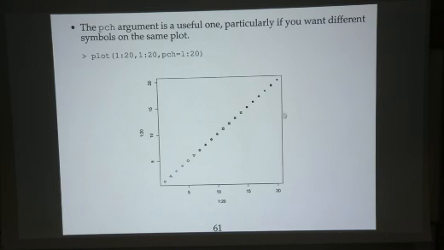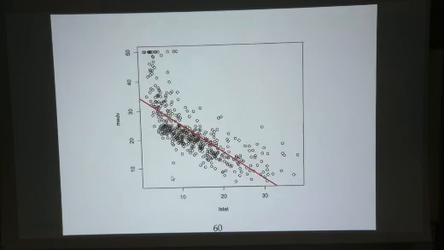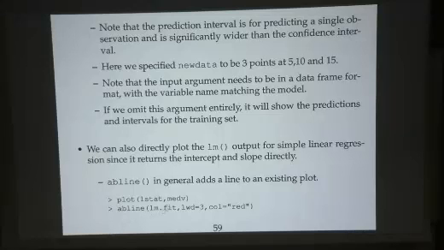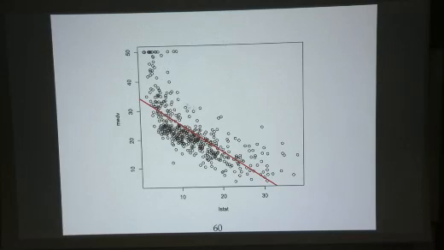So these are the symbols. pch equal to 1 means this circle, pch equal to 2 means this triangle, and so on. So if you just include pch equal to 2 in this plot, you will get the entire thing with triangles.